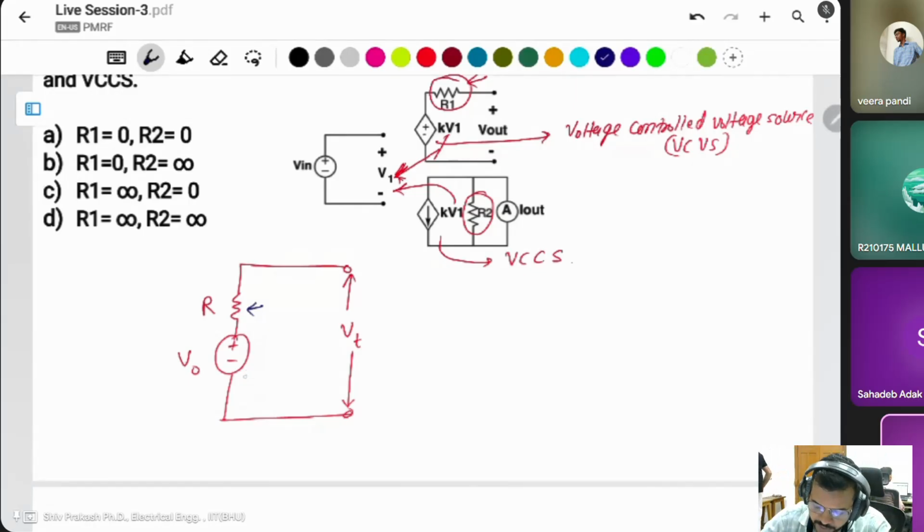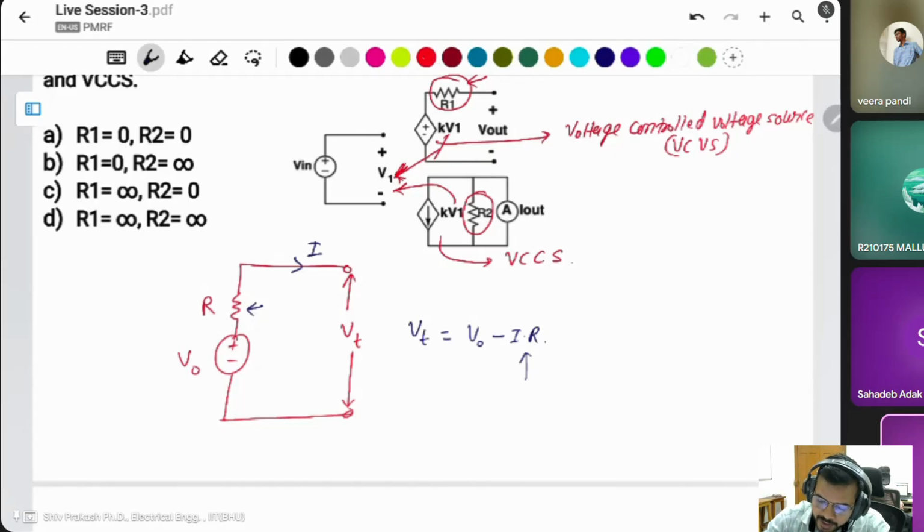Suppose current I is flowing, then Vt is V output minus I into R. This is the voltage drop because of the battery internal resistance.